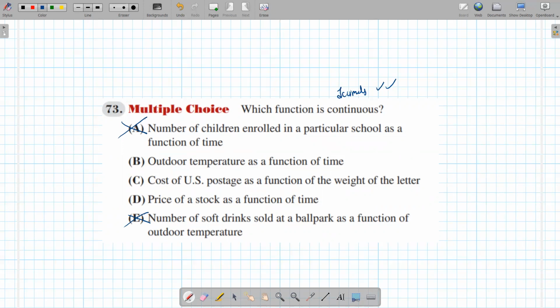The cost of US postage as a function of the weight. That could be continuous. Yeah, all three of them could be continuous, actually. Price of the stock as a function of time. Yeah, that could be continuous as well. So everything but A and B. Yeah.